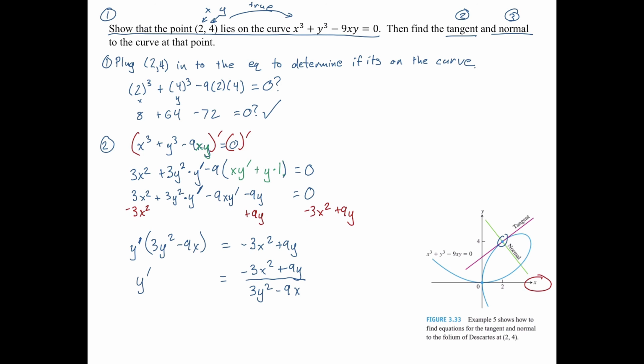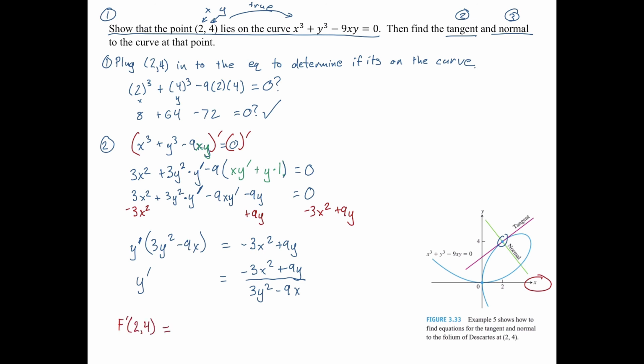So we could go ahead and factor out a common 3 if we want, but of course what we need to do is figure out what is the slope. To figure out the slope, we're just going to take the point and plug it into the derivative. So we could rewrite this as f prime of (2, 4).